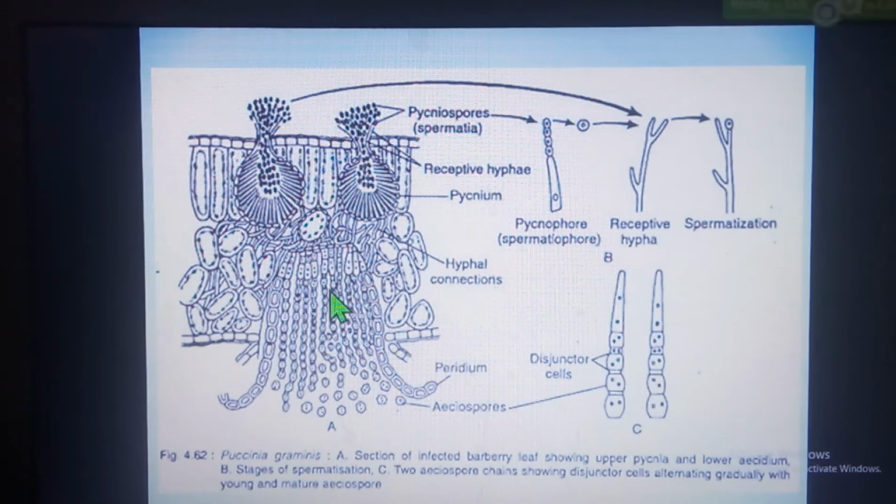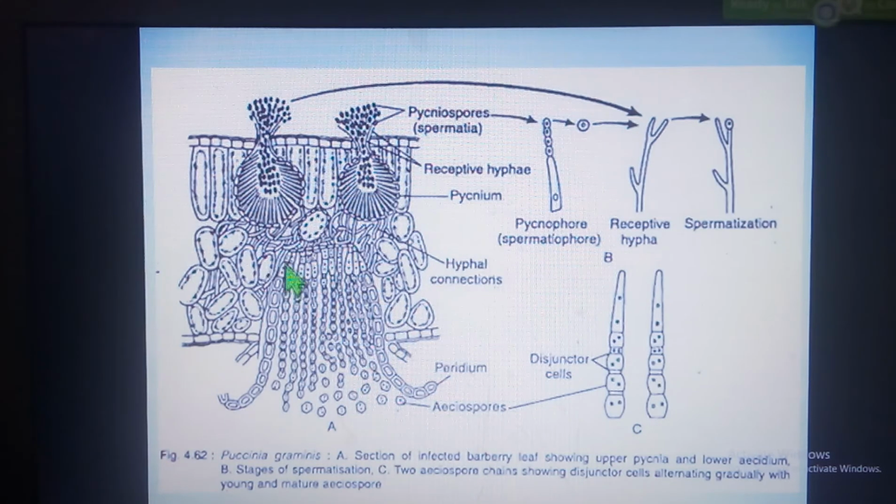But what happened with maturity? When it becomes matured, it pushes and ruptures the epidermis, thereby the spores become exposed. So first it is buried in the lower epidermis itself, but after maturity, due to the spore formation, this will rupture the epidermis and the spores are exposed to the outside.